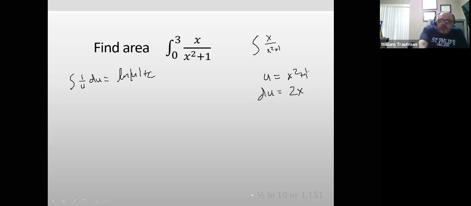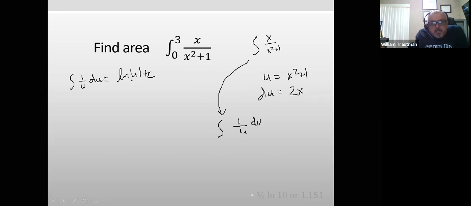Here's our formula once again, and we are integrating 1 over u du.